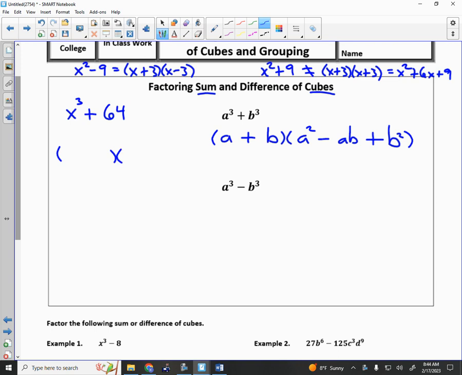Binomial, trinomial. What do you multiply by itself 3 times to get x cubed? Just x. That was easy. What do you multiply by itself 3 times to get 64? 4. If there's a plus here, there's a plus here.